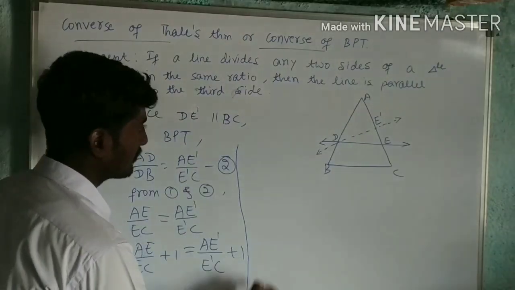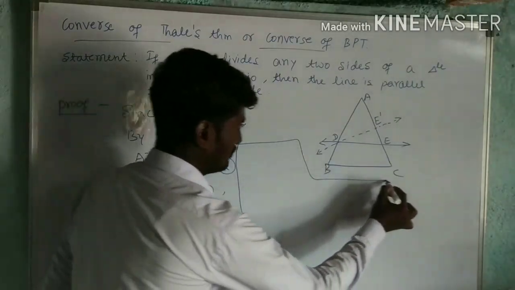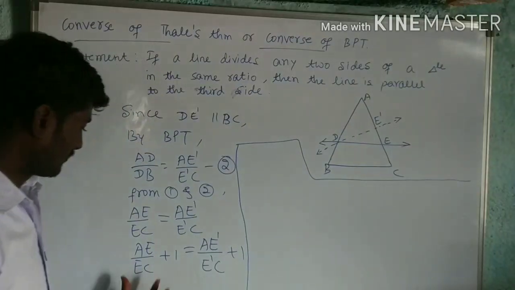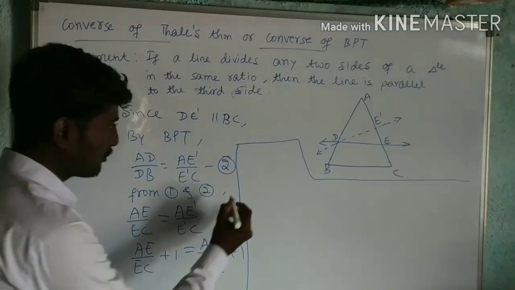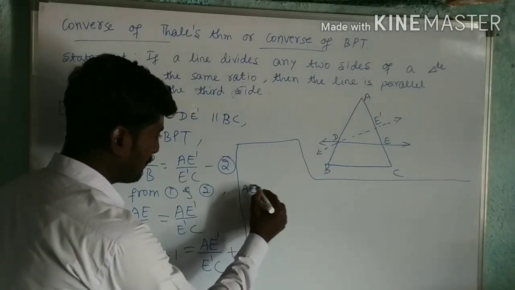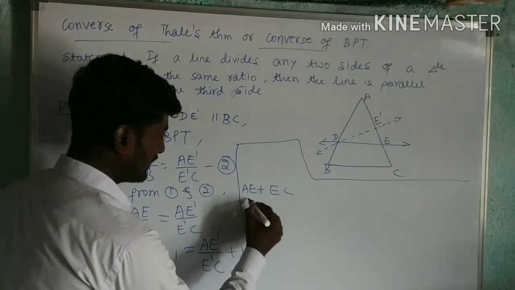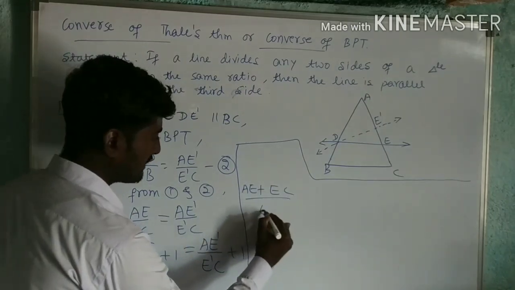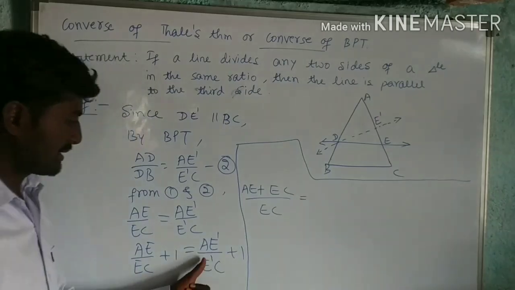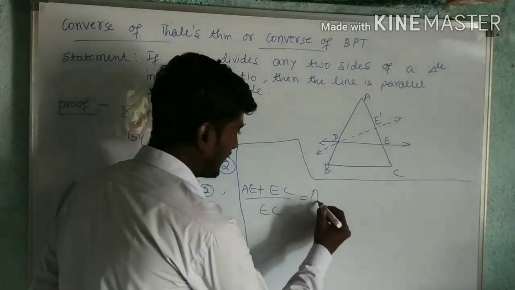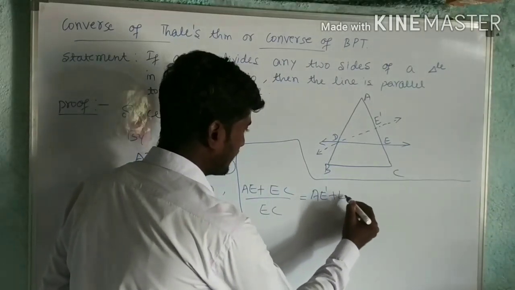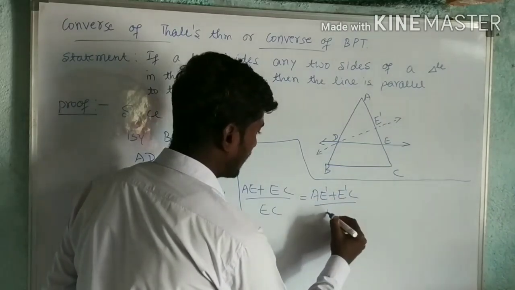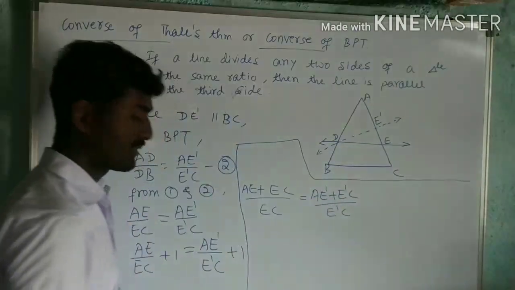Next step. Now, let us take LCM here. It will become AE plus EC divided by EC is equal to AE dash plus E dash C divided by E dash C.